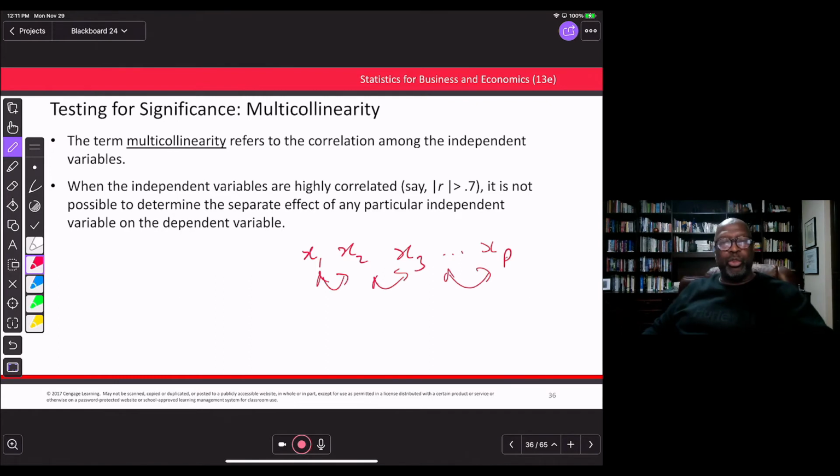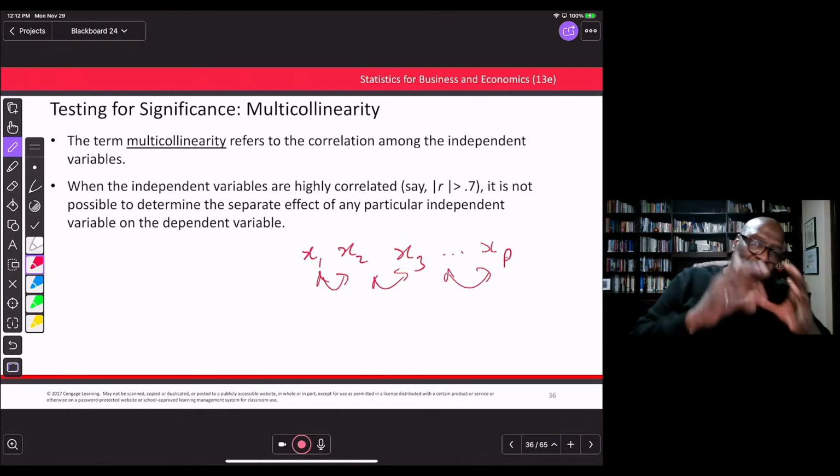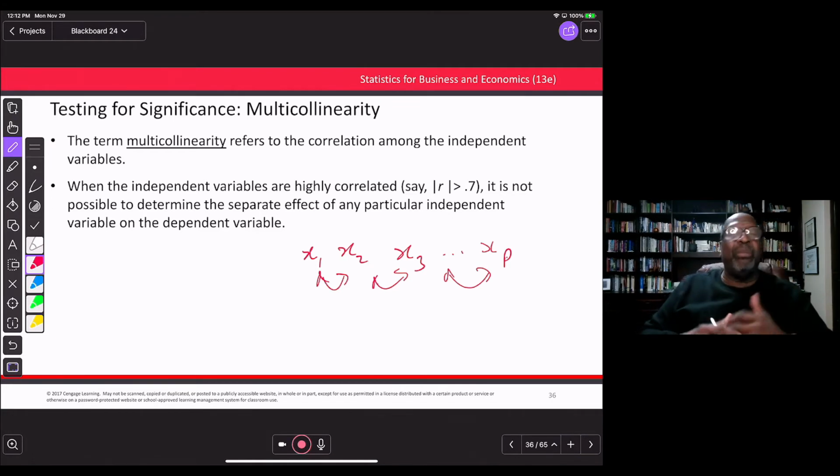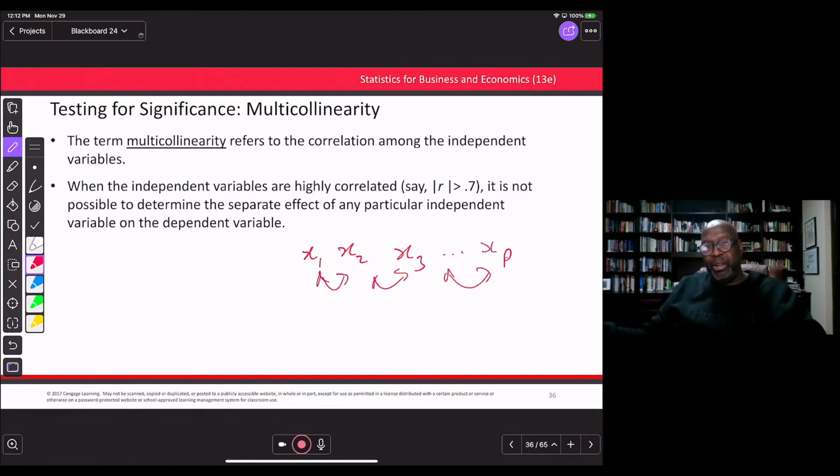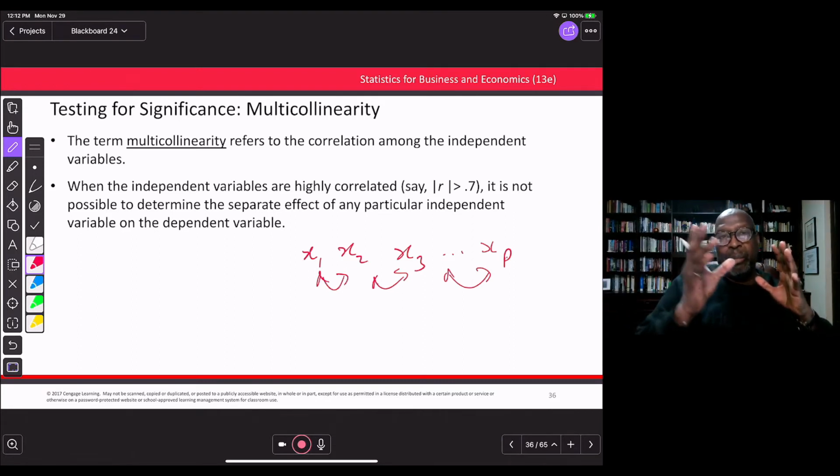If the correlation is too strong, then it is hard to be able to determine whether or not a variable acting on its own is having a major influence. We're not sure if it is because of the combined influence with a correlated variable that we're actually seeing the relationship between the dependent variable and the independent variable.